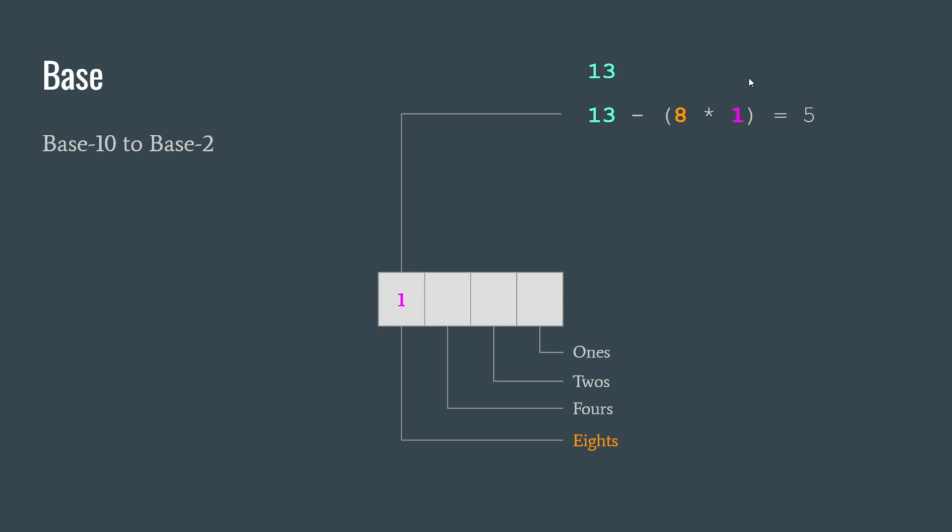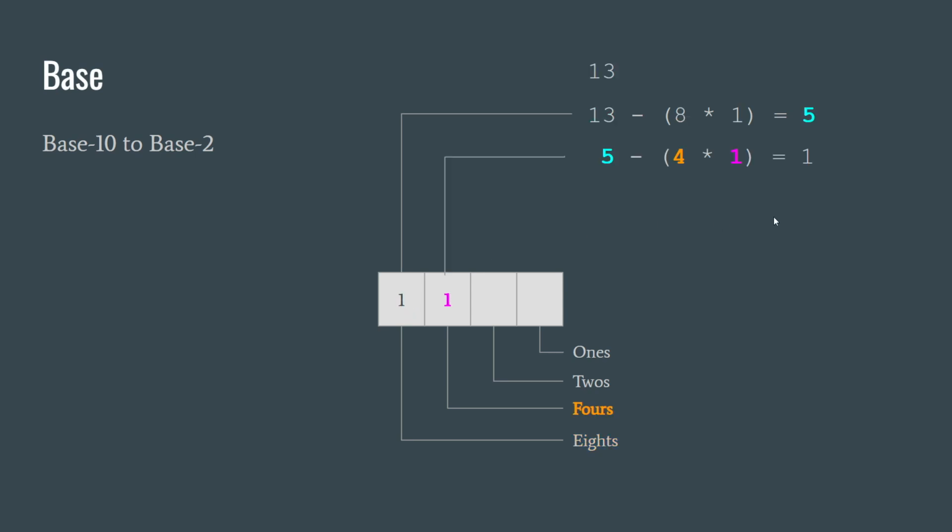If it was a larger number and 2 8s went into it, then you would need a 16's place here. But for now, forget all that. 1 eight goes into 13. You can only pull 1 eight out of there before it goes negative. So we have 13 minus 8 times 1 equals 5. There's 5 left over, and we put a 1 in the 8's place.